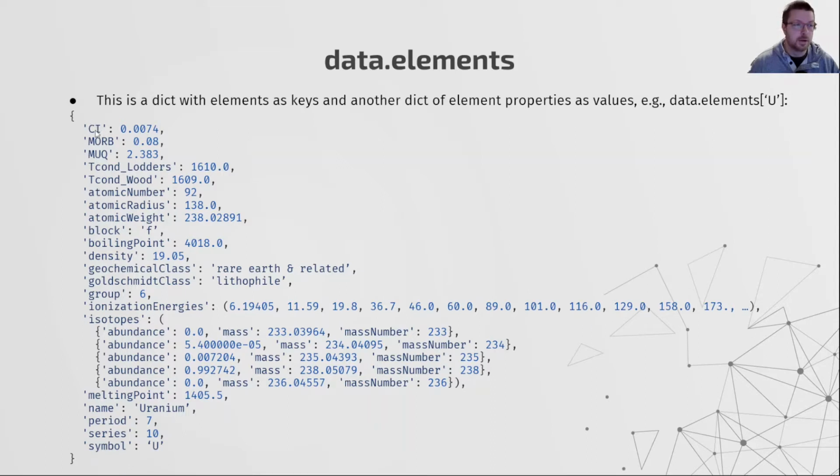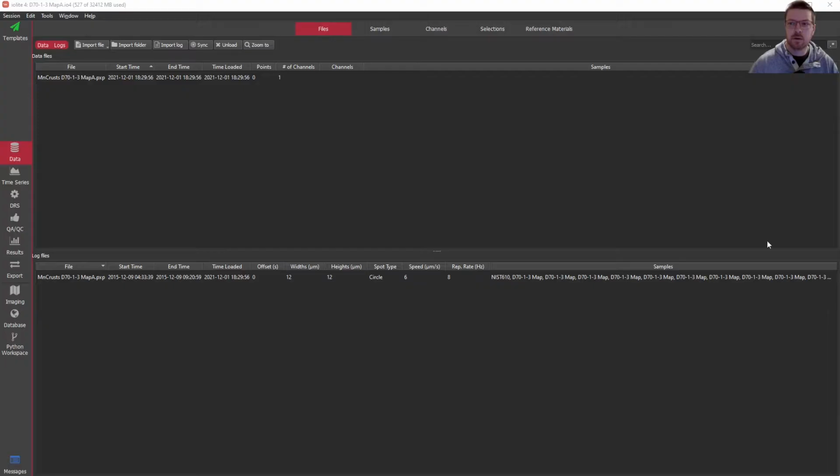So you can get CI, which would be the chondrite concentration of uranium, mass, condensation temperatures, a whole bunch of different things, ionization energies, boiling points, melting points, and then there's also the isotopes, and the isotopes have their abundances and mass numbers and so on. So we can use this information when you're creating normalized plots.